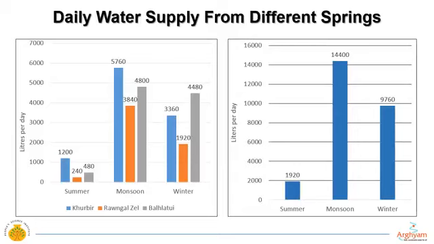The graph on the right-hand side shows the cumulative daily water availability from all the springs together across the three seasons. It can be seen that the daily water supply from the springs decreases from 14,400 liters in monsoon to a mere 1,920 liters in summer.